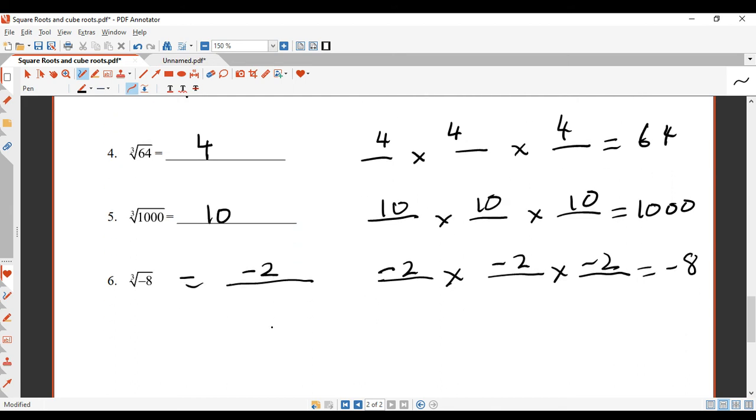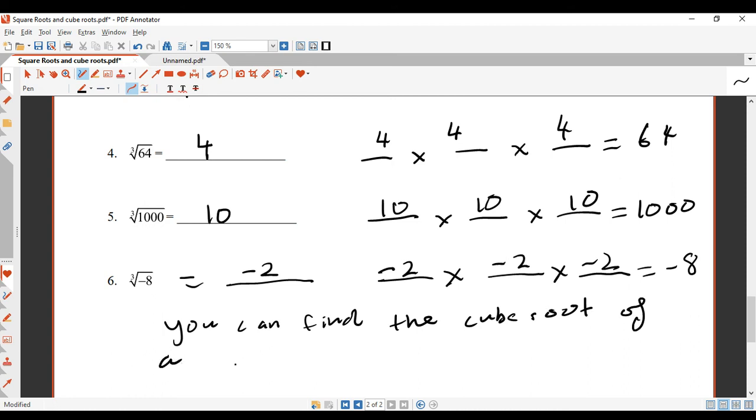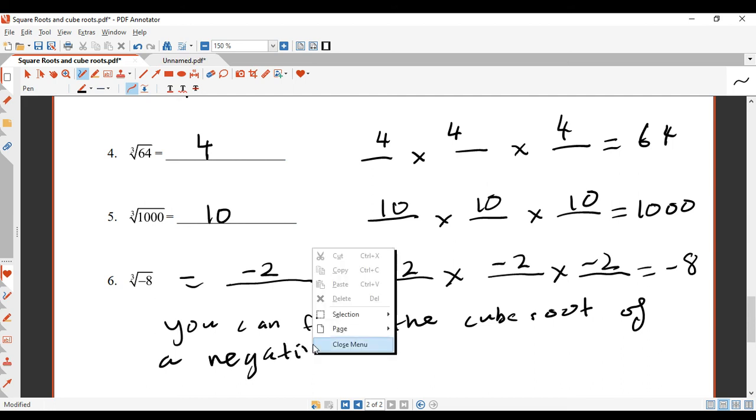So you can find the cube root of a negative number. Can't find the square root, but you can find the cube root, negative number.